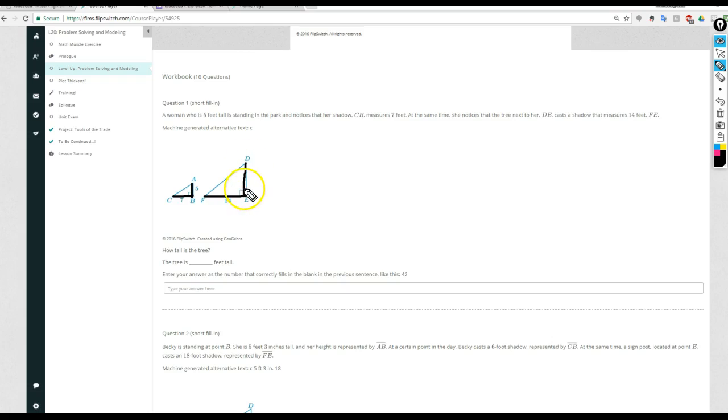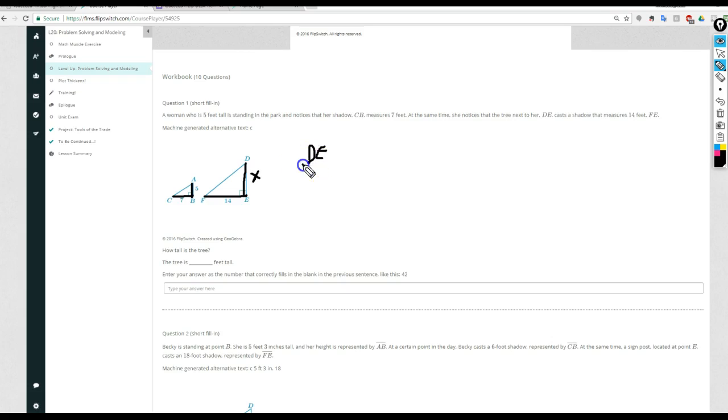So since DE is representing the tree, I'm going to just represent it by X, and I'm going to set up our ratio for corresponding sides, comparing corresponding sides in similar triangles. So I'm going to start with DE.